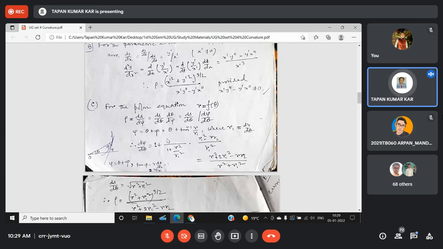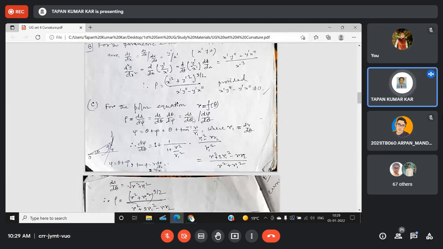So here, psi equal to theta plus phi, theta plus tan inverse of r by r1, where r1 equals dr/dtheta. So dpsi/dtheta equal to 1, the derivative of theta, plus the differentiation of tan inverse r by r1, which is given here, and if you simplify it, you will get (r square plus 2r1 square minus r r2) by this. r1 means dr/dtheta, r2 means d square r/dtheta square.